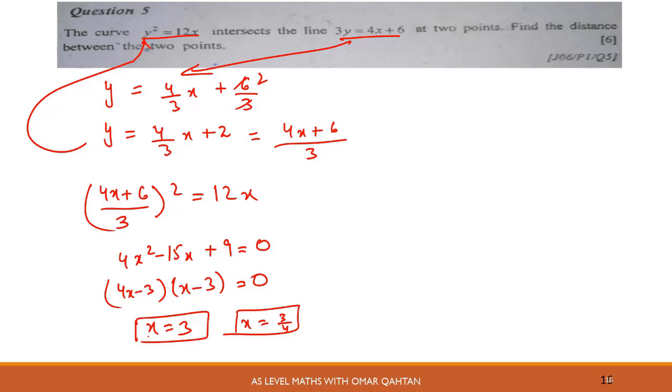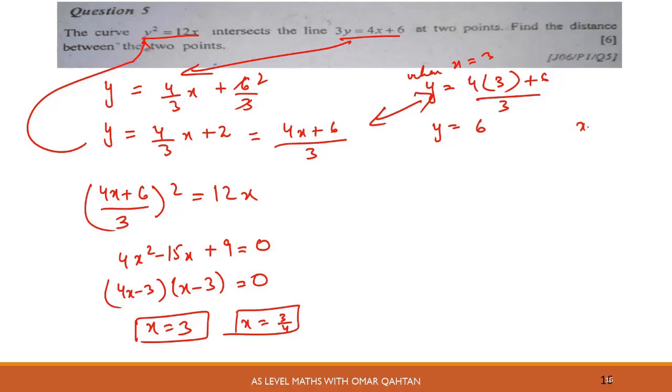Now we have found the value of x, 3. Now we have to find the value of y out of it. So the value of y, when x is equals to 3, I'm going to substitute 3 over here. So y equals to 4 into 3 plus 6 upon 3, which will be 6 only.